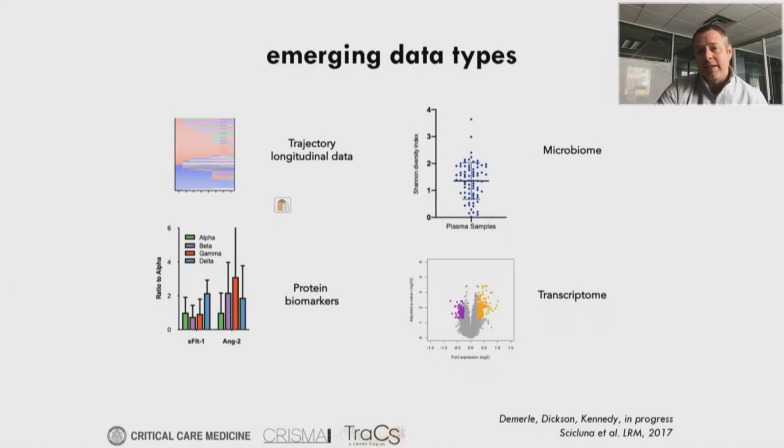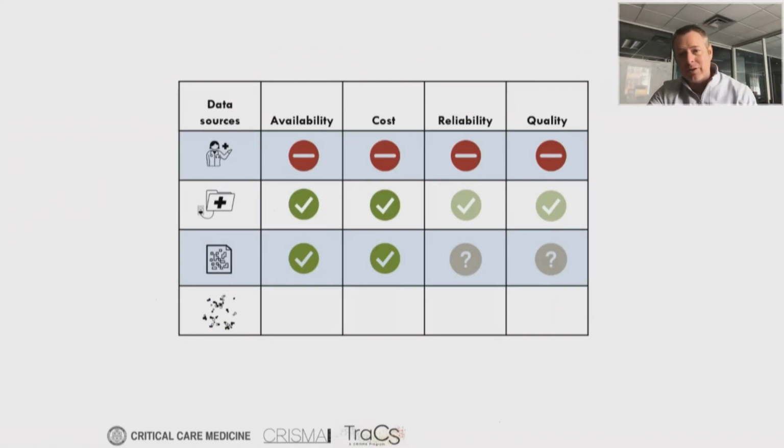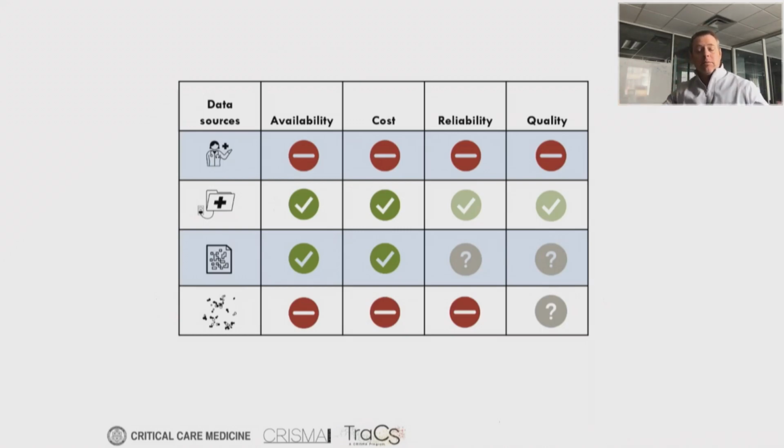Many include things like cost, reliability of measurement across laboratories, and availability for these measures to be accessed at the bedside in a timely manner to impact clinical care. So therefore, these emerging data types, and I've only shown a few examples, I think are going to be less available, far more expensive, with limited reliability across centers, and the quality is yet to be known, but certainly undergoing active study.